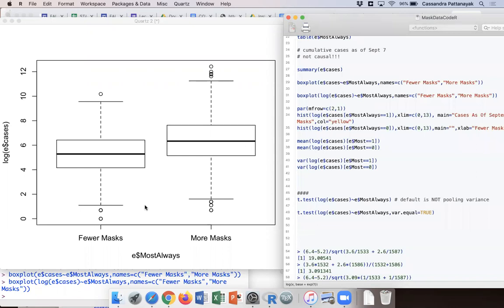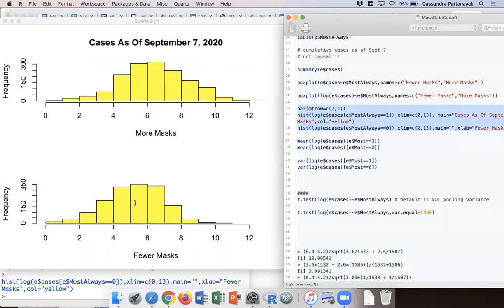When you have so much data and you can see from the picture that the box plots are in different places, or equivalently, that the histograms are centered in different places, if you know the sample size is really large, then you have enough evidence to rule out the possibility that the average number of cases is the same among counties where more people wear masks versus counties where fewer people wear masks.